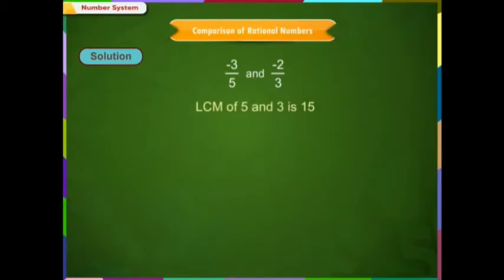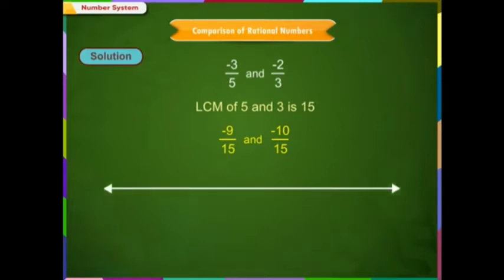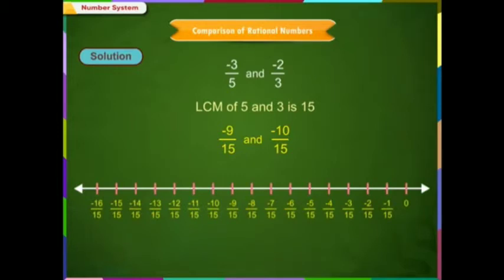So, we find equivalent fractions of -3 by 5 and -2 by 3 by finding the LCM of 5 and 3. 4. The LCM is 15 and the fractions are -9 by 15 and -10 by 15. Now, let us draw the number line as shown on the screen. 5. By seeing the number line, we know that -9 by 15 is greater than -10 by 15.